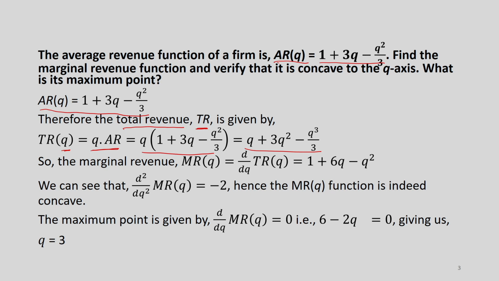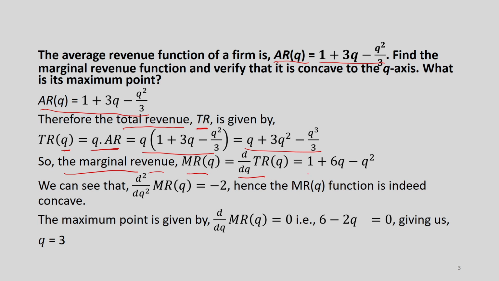From this I can easily find out the marginal revenue. The marginal revenue, which we are calling MR as a function of Q, can be found out from the total revenue by taking the first derivative.